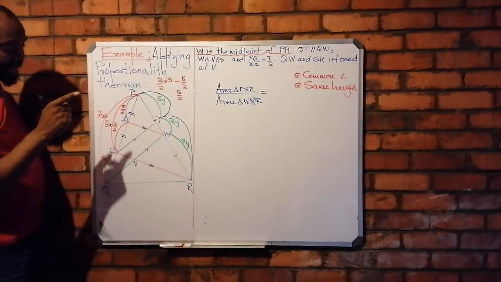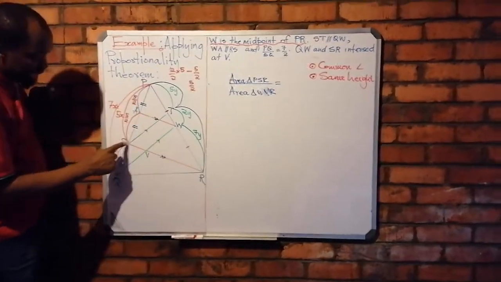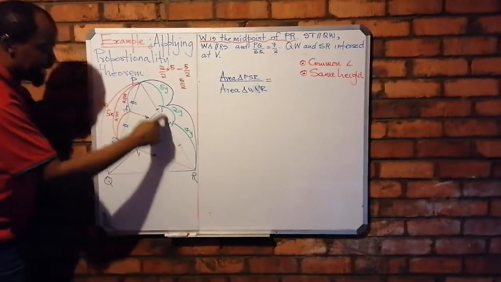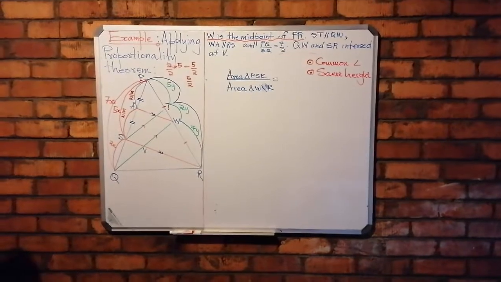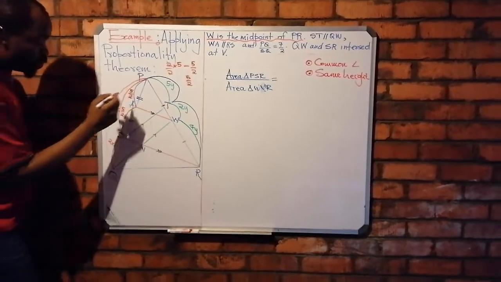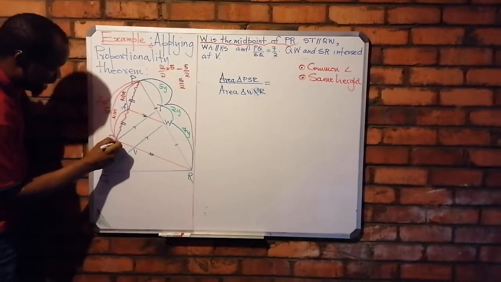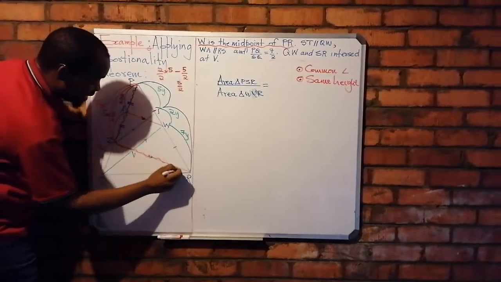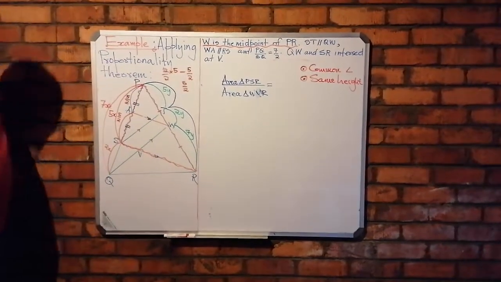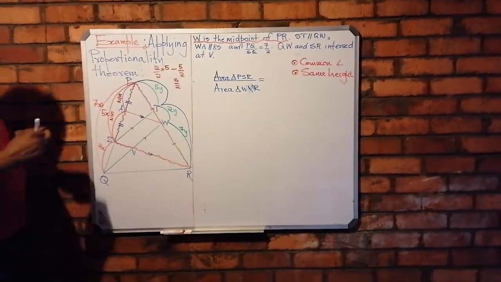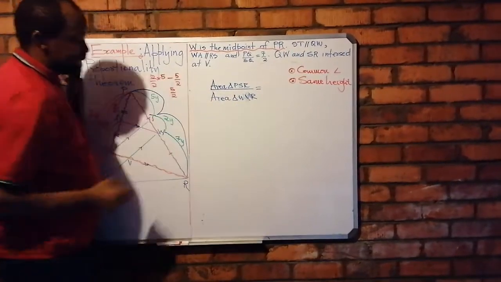I go and trace triangle PSR. Because it is my last question, I'm going to do this. Triangle PSR, we are talking about that triangle. We want to divide it by triangle WVR.